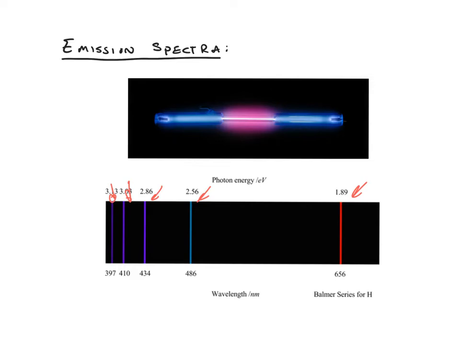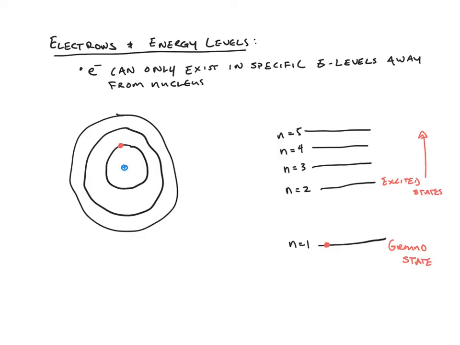And so how can we explain this? The way that we explain this is to say that electrons can only exist in specific energy levels away from the nucleus. So if I have an electron and it starts out here, the electron absorbs some energy, and it jumps up to n equals 2. So this is absorbing energy.